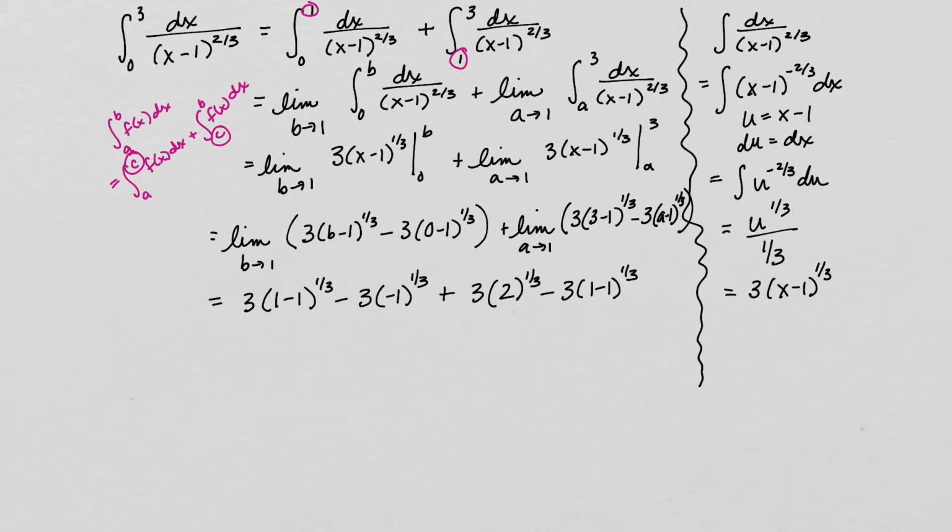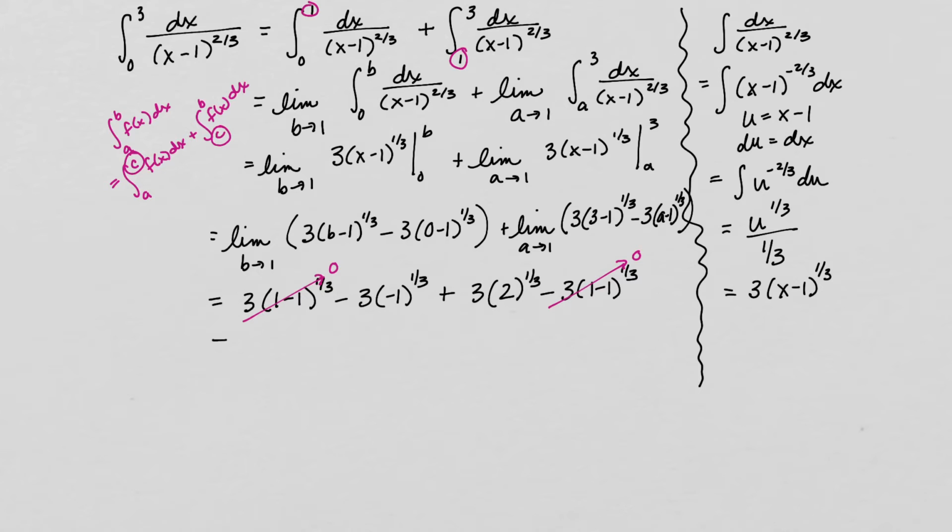And 1 minus 1 is 0. So these pieces end up going to 0 because we just have 0 to the 1/3 power, which is 0. Remember, the 1/3 power is talking about taking a cube root.